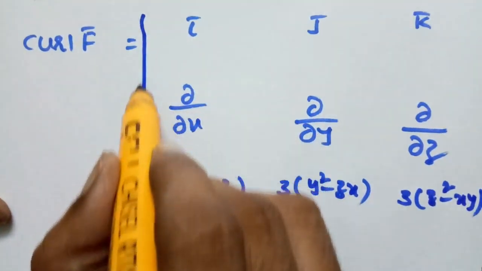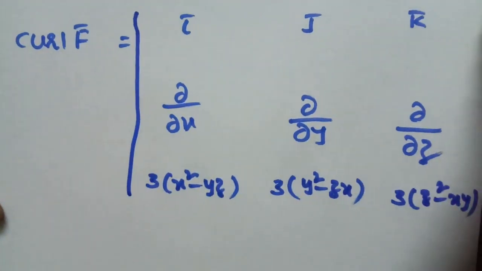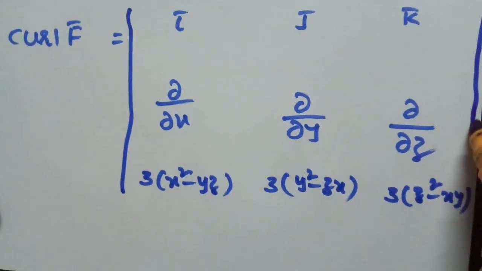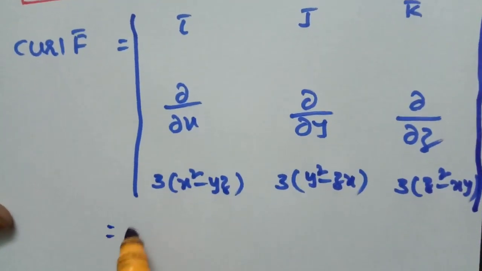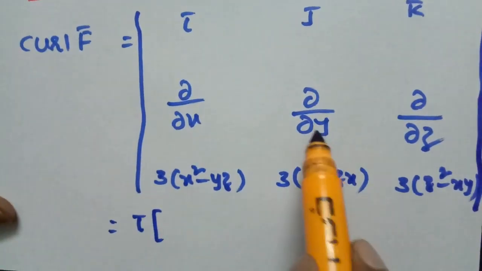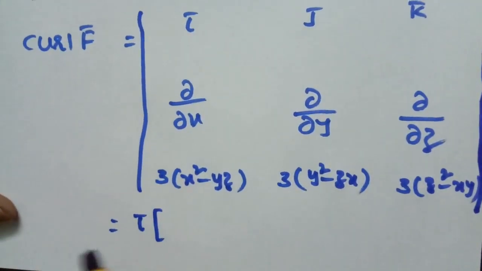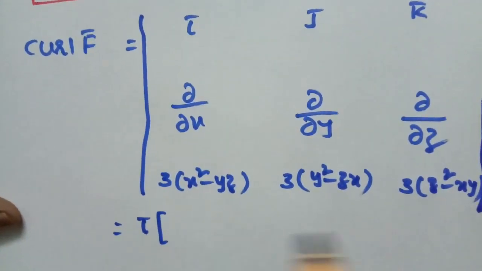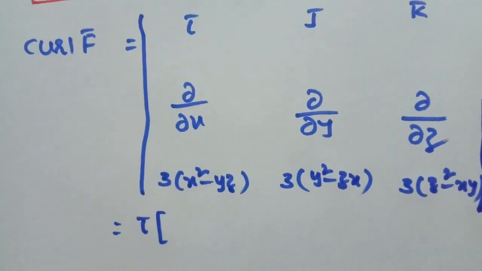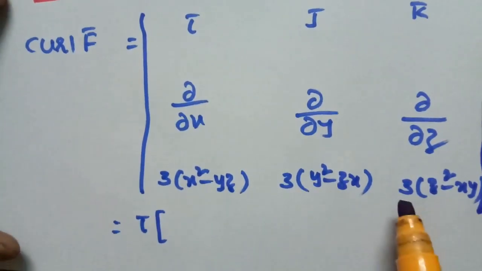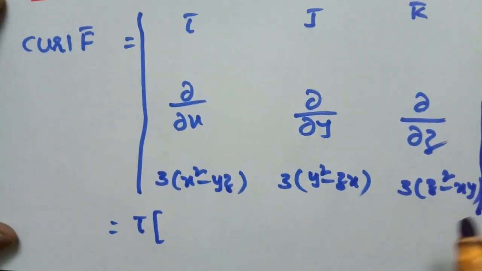Therefore, this is equal to i bar into ∂/∂y of this one. So 3 is a common factor: 3 into, with respect to y, the z square derivative is 0. Therefore minus 3x.